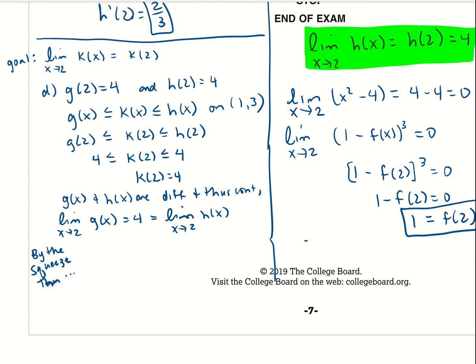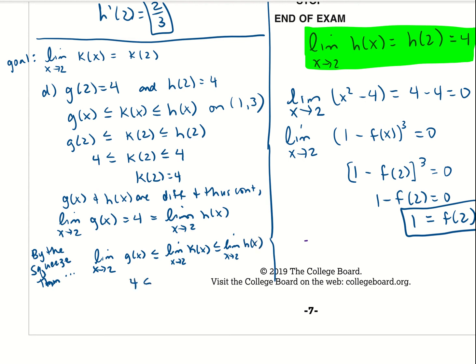So by the squeeze theorem, the limit as X approaches 2 of G of X is less than or equal to the limit as X approaches 2 of K of X, which is less than or equal to the limit as X approaches 2 of H of X. Alphabet soup here.